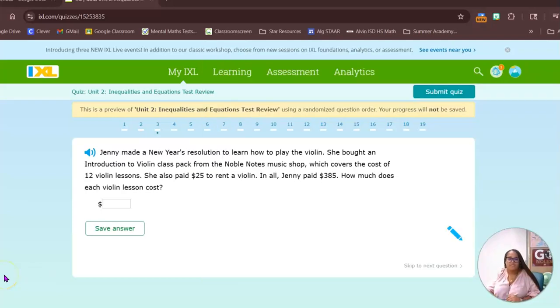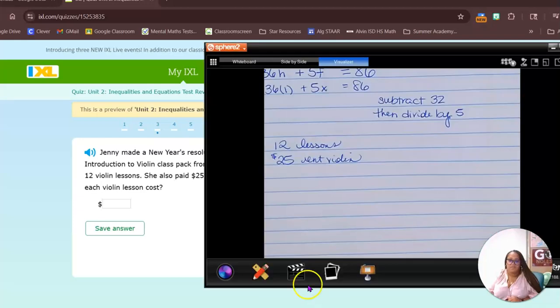Okay, the next question says, Jenny made a New Year's resolution to learn how to play the violin. She bought an introduction to a violin class pack from the Noble Notes music shop, which covers the cost of 12 violin lessons. So we've got 12 lessons. And she also paid $25 to rent a violin. In all, Jenny paid $385. How much does each violin lesson cost?